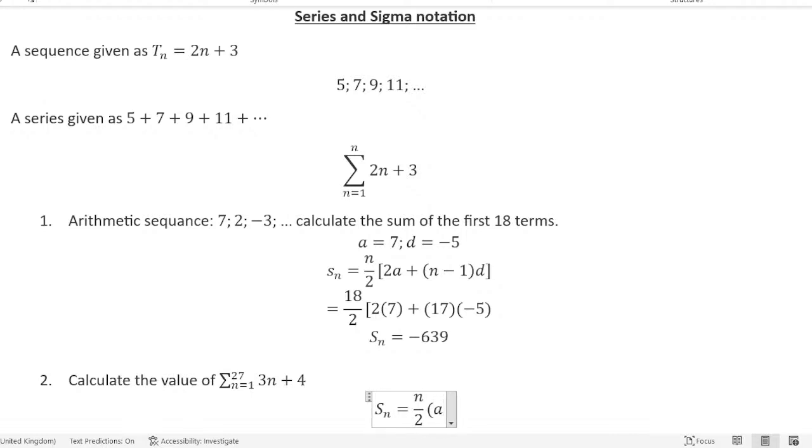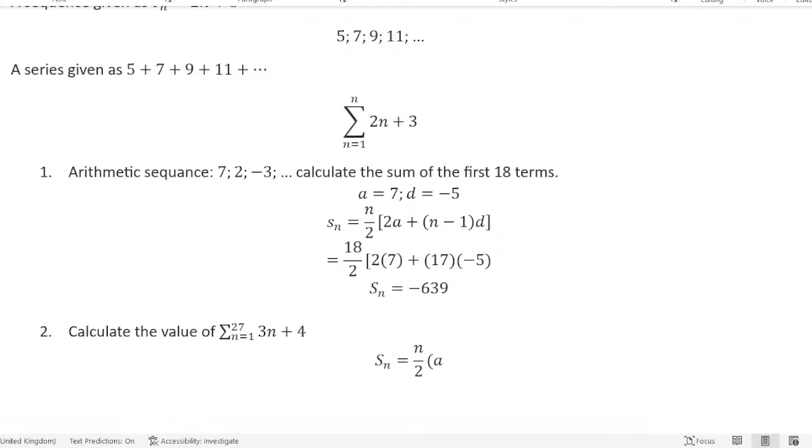You only use this formula if you are given the last term, but if you are not given the last term, you use the other one.